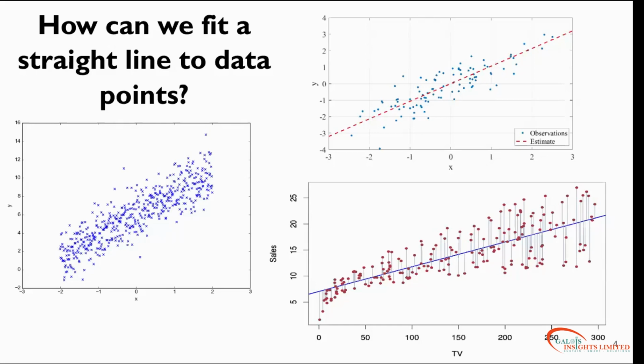So, for instance, if you have a lot of data points and these data points have been plotted on a scatter diagram, how can you actually build a model, as in a linear function, to distinguish between the data points?